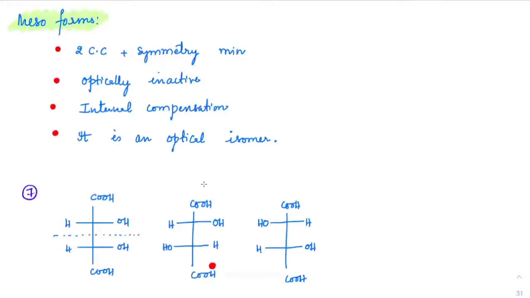So for any chiral molecule, you have to always check plane of symmetry and center of symmetry. If we have one chiral center, we can say directly it is optically active, because there is no other form it can get. But if you have multiple chiral centers, then you have to check carefully.